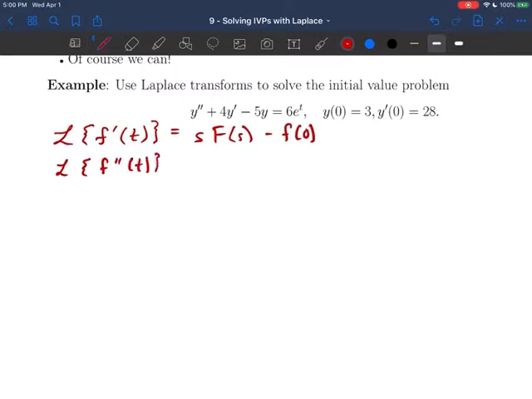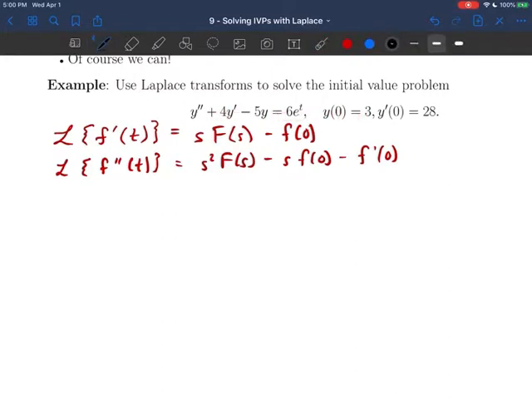And we've also seen the second order version of this. If we want to take the Laplace transform of f double prime of t, then we get s squared F of s minus s f of 0 minus f prime of 0. It continues in the same vein for higher orders, but these are the only two that we're going to need for this particular problem.